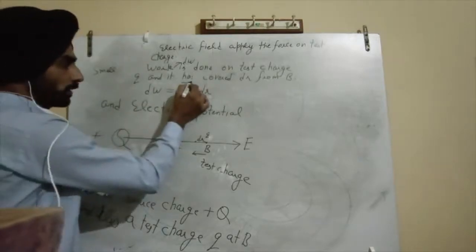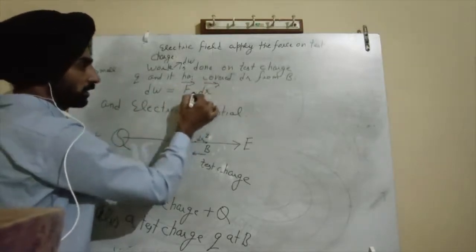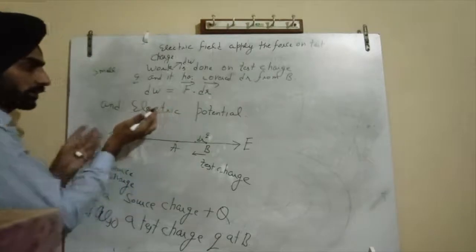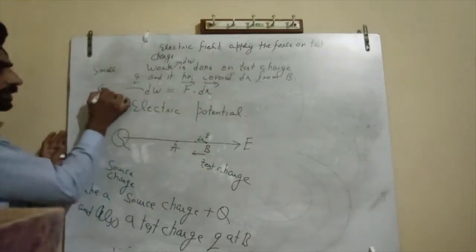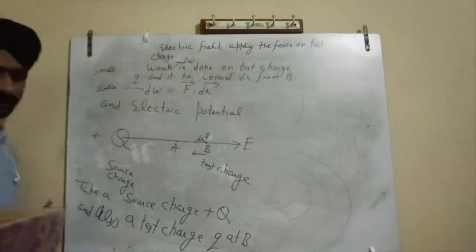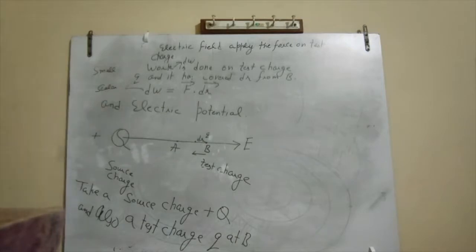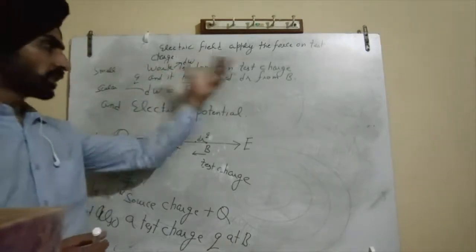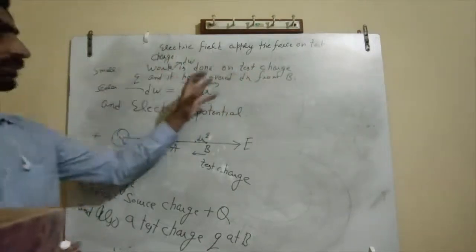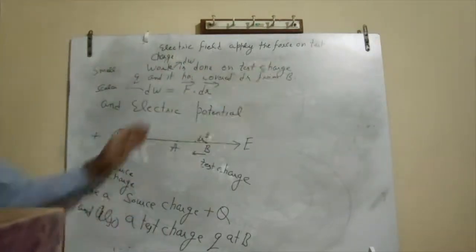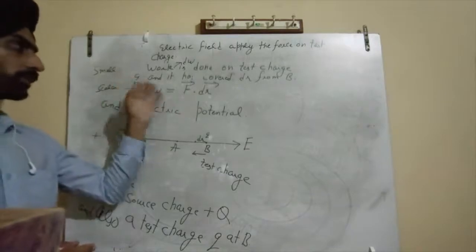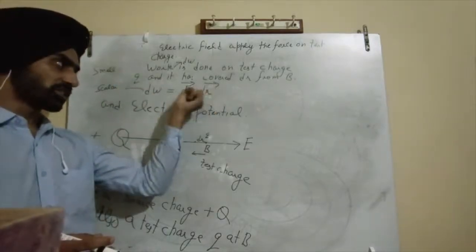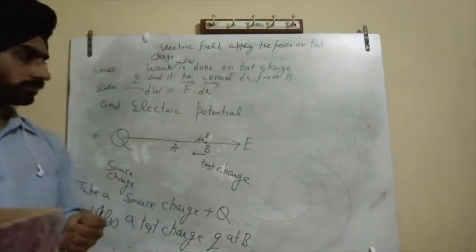Force is a vector quantity, displacement is a vector quantity. The dot product of two vector quantities gives a scalar quantity. So this is a dot product. That means force is applied on the test charge and it has covered a small distance dr in this direction.